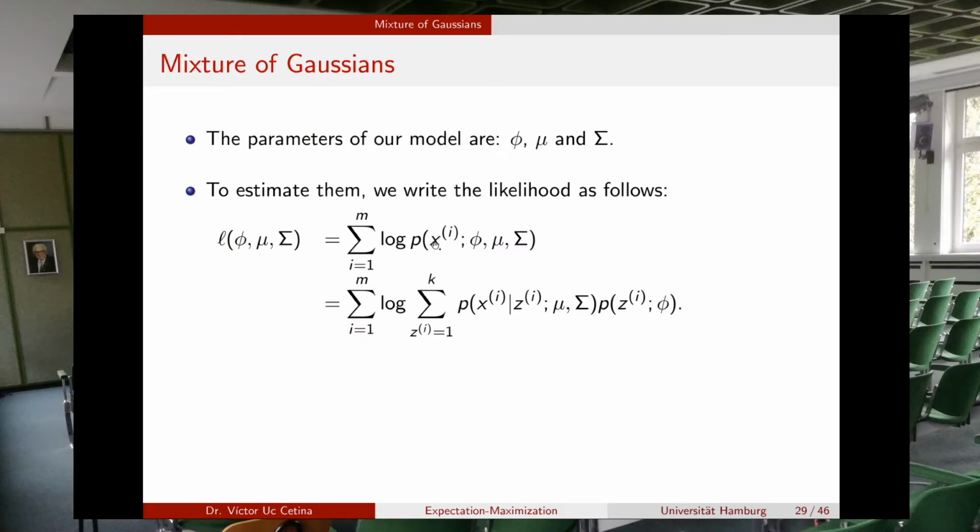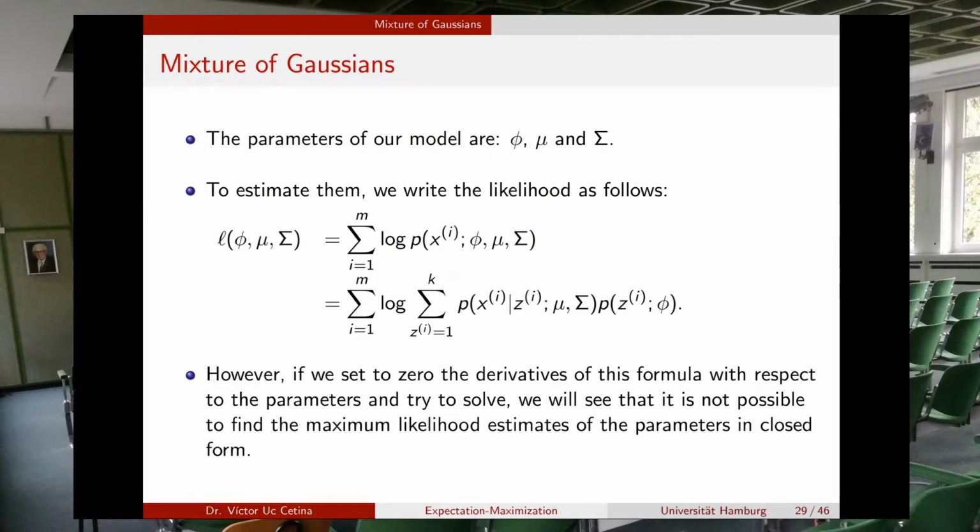And when we introduce the hidden variable z, we will get here a joint probability, and that joint probability can be written as the product of the conditional and the probability of z. Mu and sigma, as you can see here, are the parameters of the conditional probability of the Gaussian function that is going to model the values of x, and phi is the parameter that will tell us the values of z.